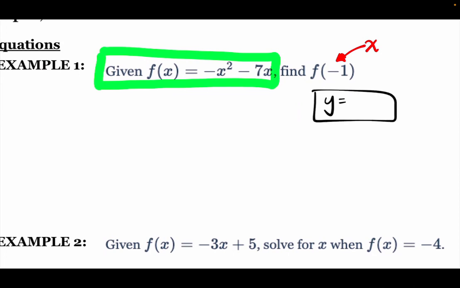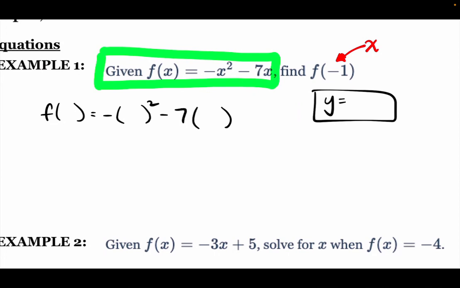What is y? Okay, when you're doing this with equations, you're going to use the function, the green part. Since x is negative 1, everywhere I see an x, I'm going to put a negative 1. First step is rewrite. F, except no more x. I'm not going to put an x inside anymore. I'm going to take those away.